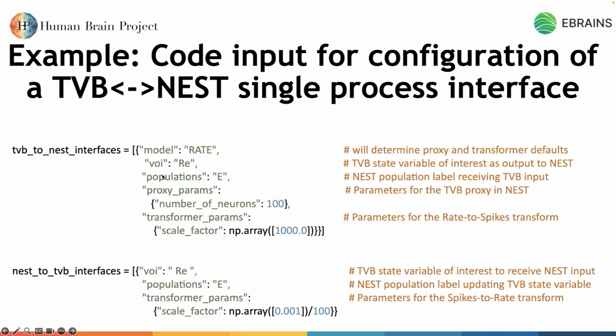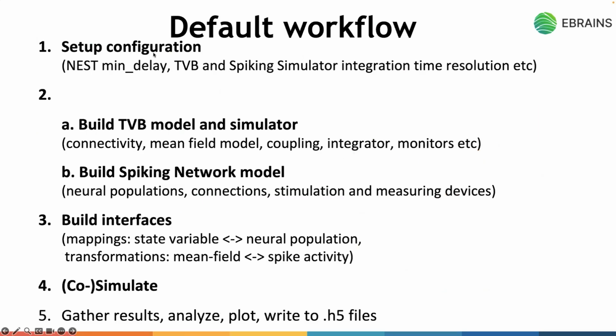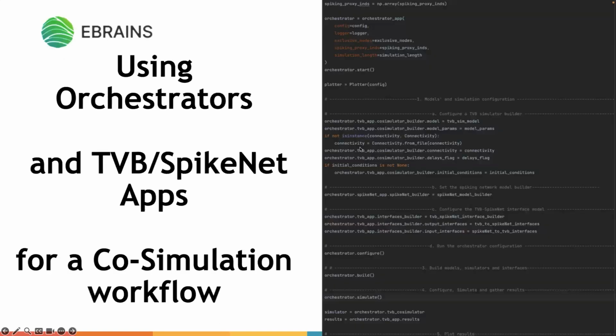The usual workflow has to do with setting up some configurations, then configuring first the TVB model and simulator, then configuring the spiking network model, then building the interfaces between them, then simulating, and finally there are also tools to gather results, analyze, plot, etc. So an orchestrator actually uses apps, the TVB app or the spiking network app, and it can formulate the whole workflow in a few lines of code.